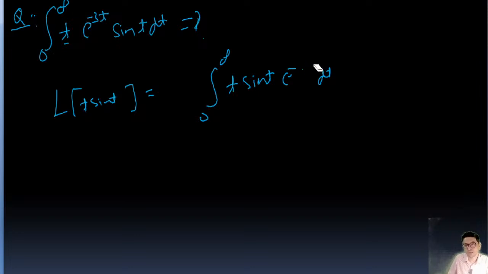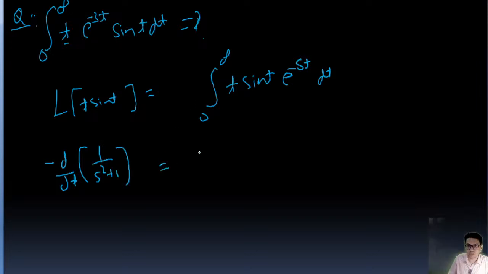Now the Laplace transform of t times f(t) is minus d upon ds of F(s), and F(s) for sin t is 1 upon s square plus 1.